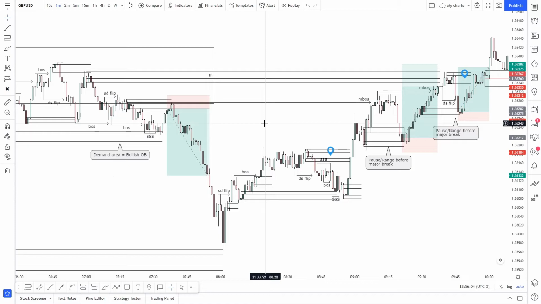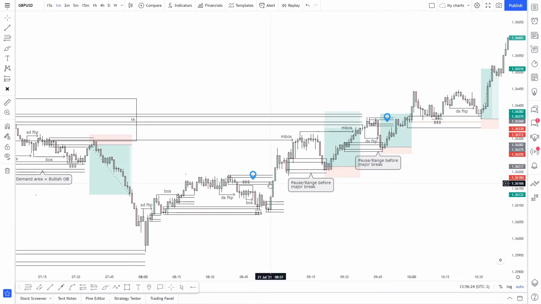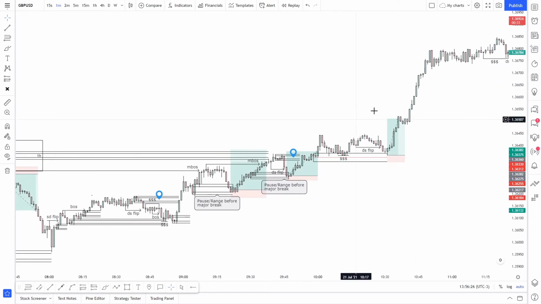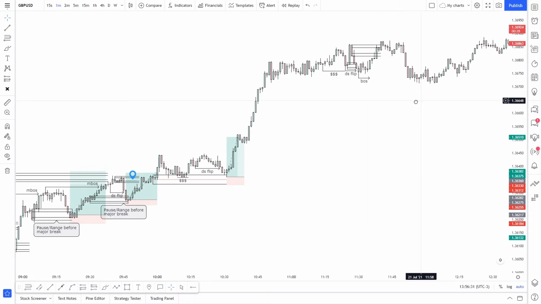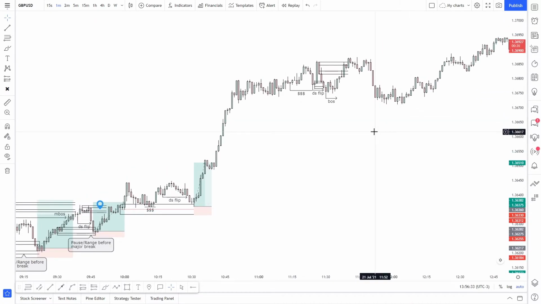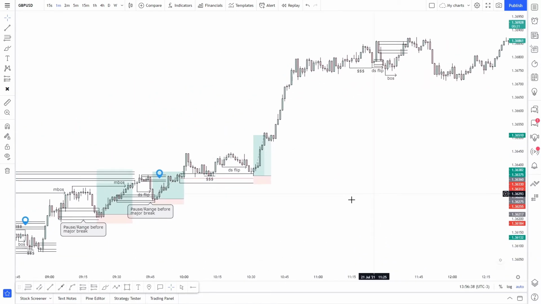You gotta pay attention, you gotta see what's going on, you gotta analyze, you gotta identify patterns as they're happening, because if you understand or identify them after it has happened, then it's not that useful. It is useful that you, as an example, come back after the market and you start to see, okay, so this worked out, this is range before a major break, that worked out, this is a pause, that didn't work out, why didn't it work out? Because we had a stronger, I don't know, counter trend or something like that.